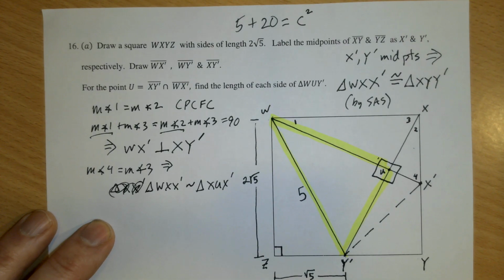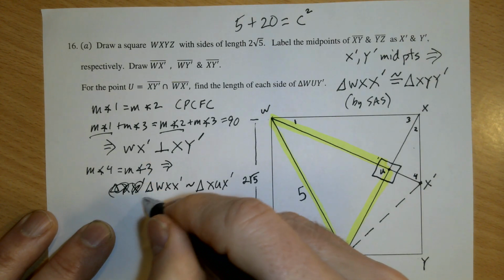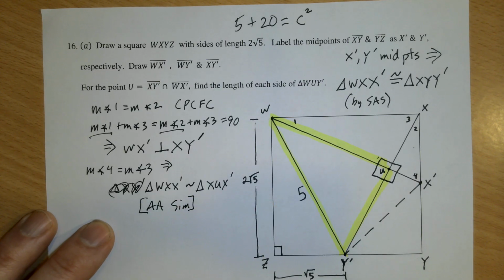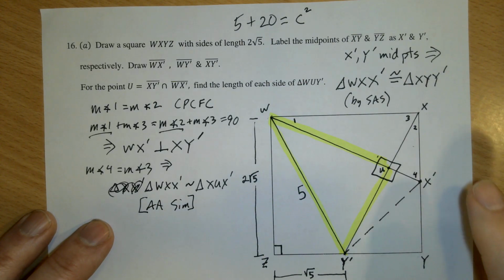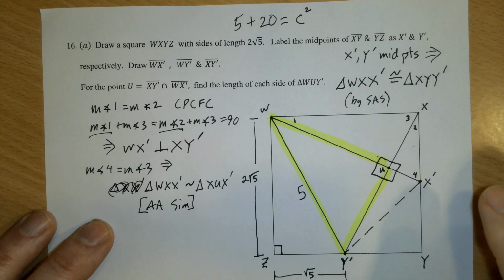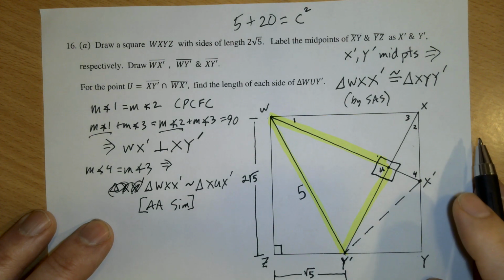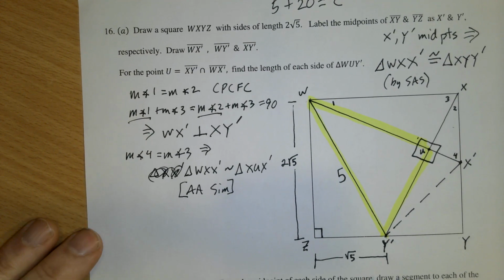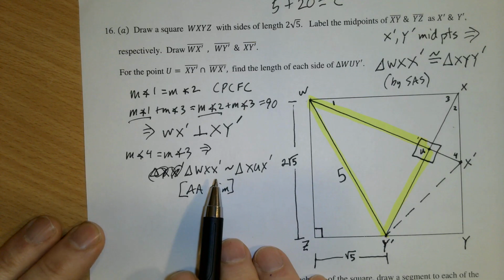That is by angle similarity. I'll put a note here, AA similarity. Any two triangles that have two corresponding angles congruent means the third one is also congruent, and they are similar triangles. So if I were to draw a picture of those two triangles, I'm going to draw WXX prime.